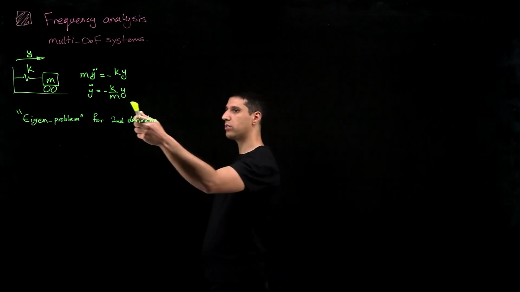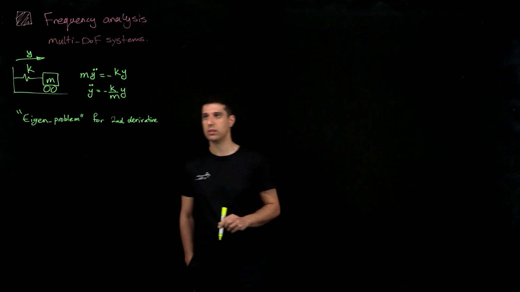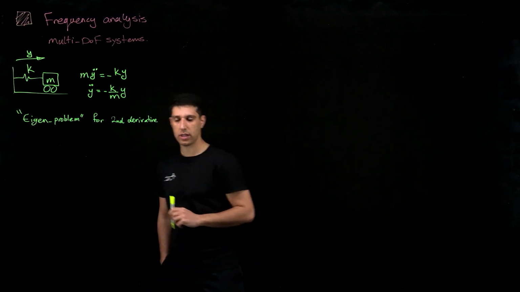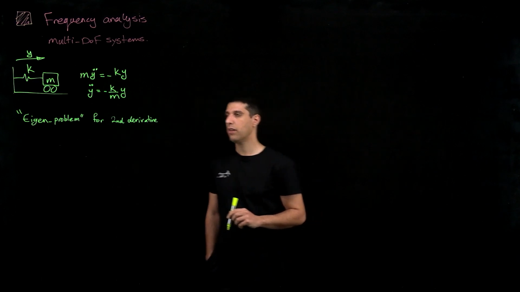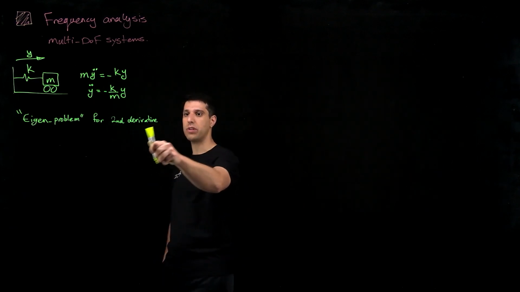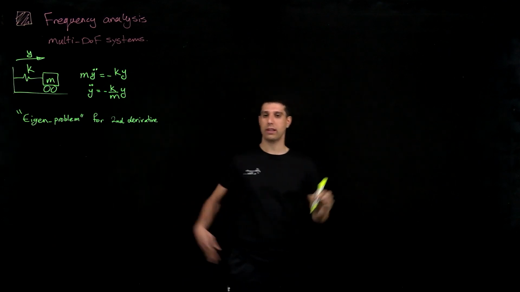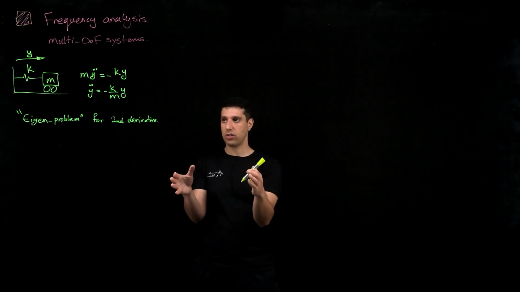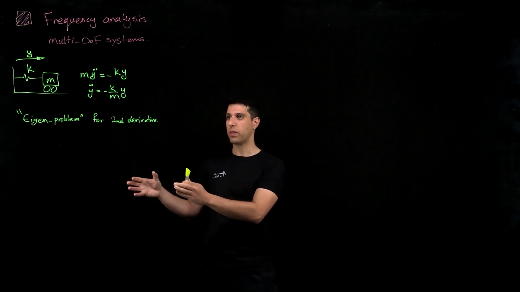So what we are dealing with here is something called an eigen problem. We discussed it before: for any operator, in this case our operator is the second derivative, that takes one function and outputs something.